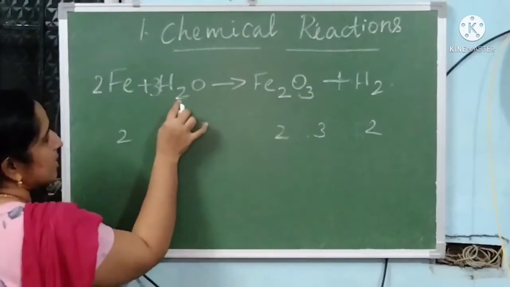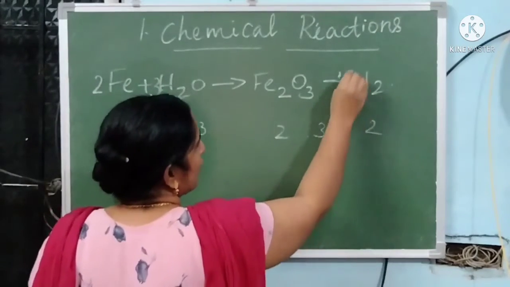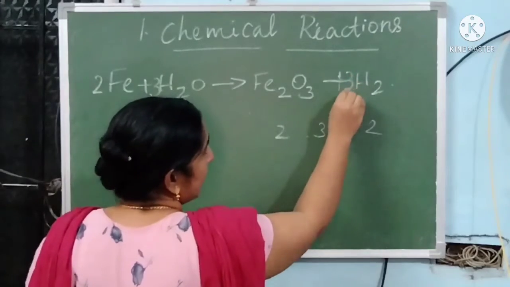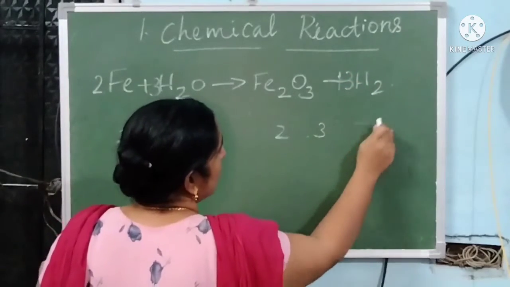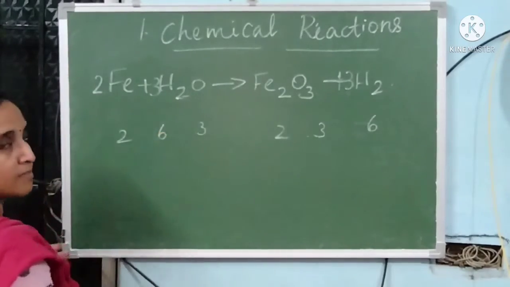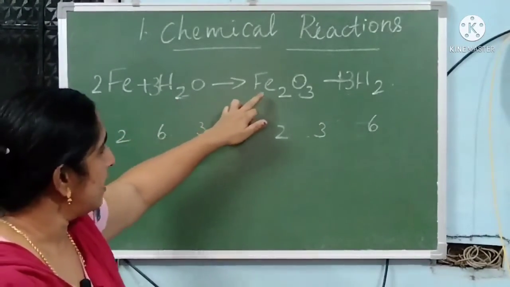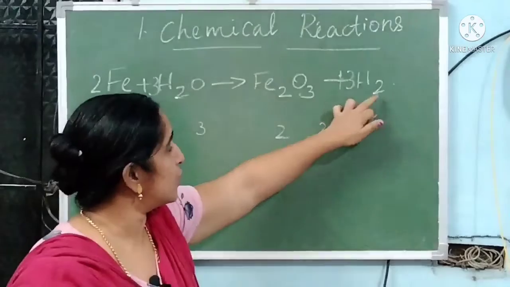But the number of hydrogen atoms is now 6, and here it is 2. So we also put 3 in front of H2. So hydrogen is 6 here and 6 here. So 2 Fe plus 3 H2O gives Fe2O3 plus 3 H2.